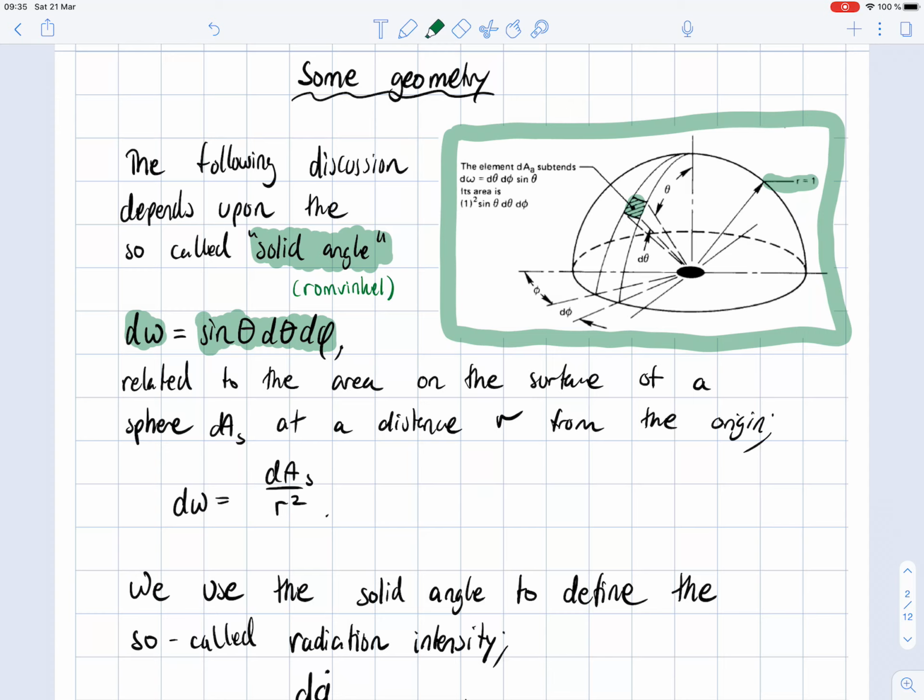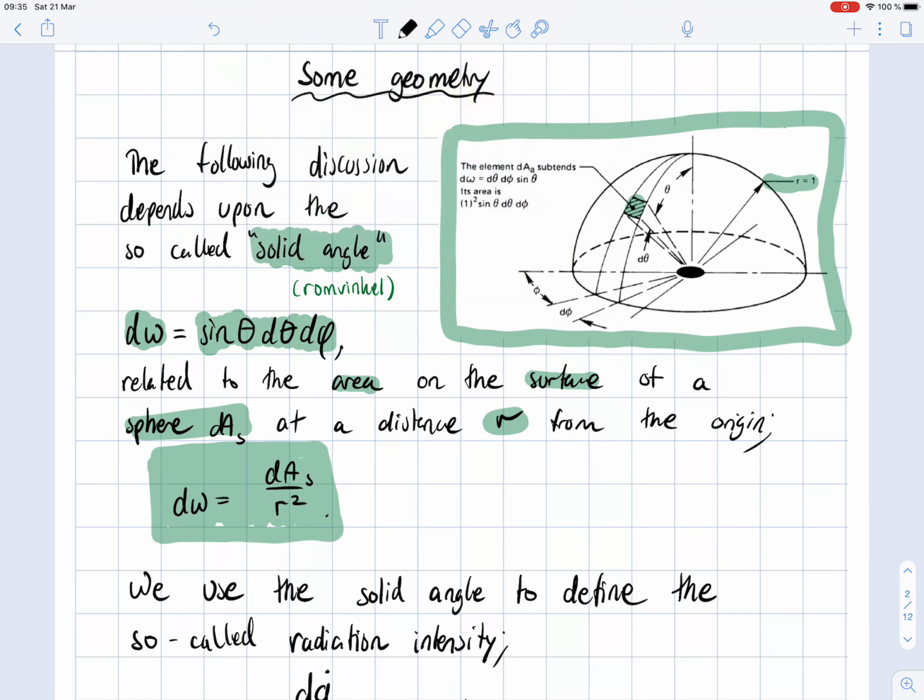So this solid angle is related to the area on the surface of a sphere at a specific distance r from the origin. So its actual definition is this: d omega is this specific area, dA_S, divided by the distance squared at that point.